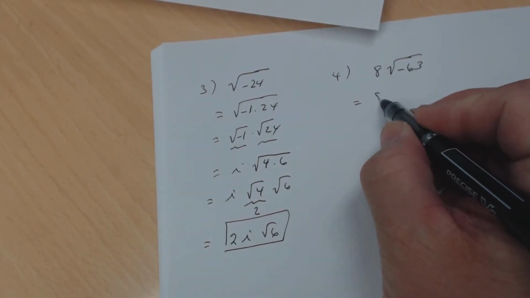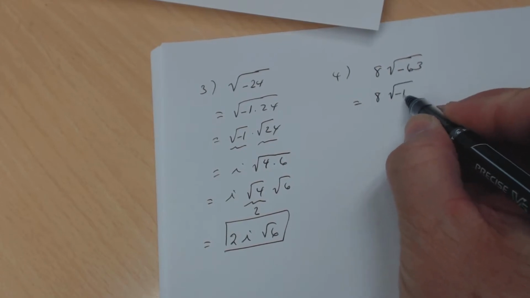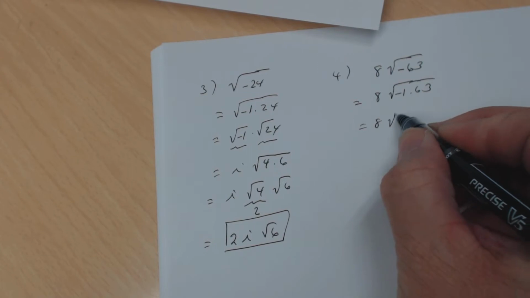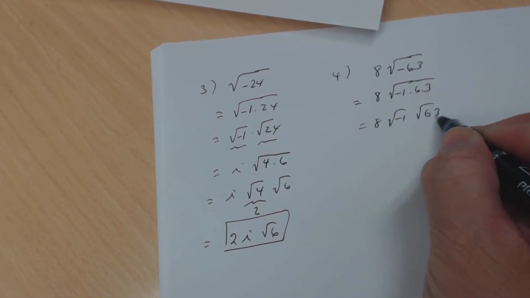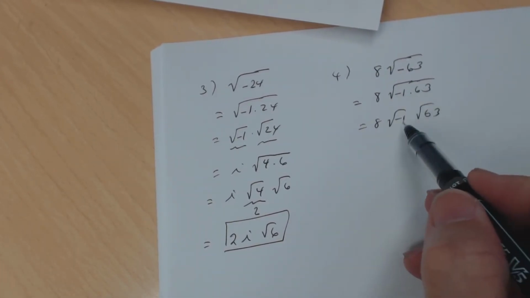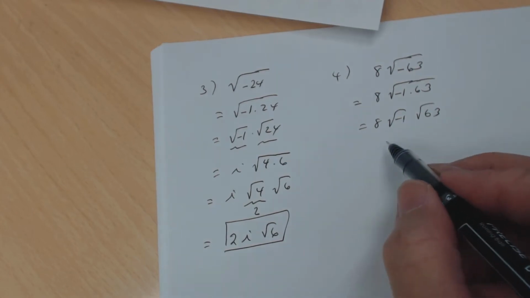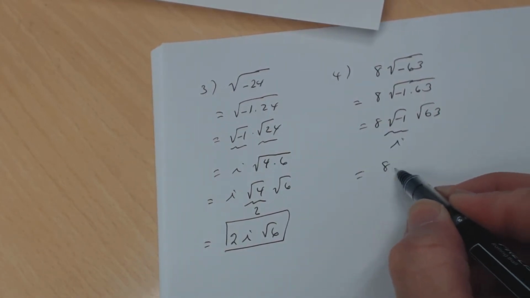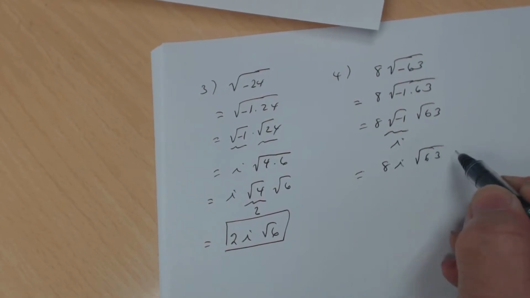So I have 8 times the square root of negative 1 times 63. And so I get 8 square root of a negative 1 times the square root of 63. So we're going to write this part here as two products. And I know that square root of negative 1 is i. So I get 8i square root of 63 at this point.